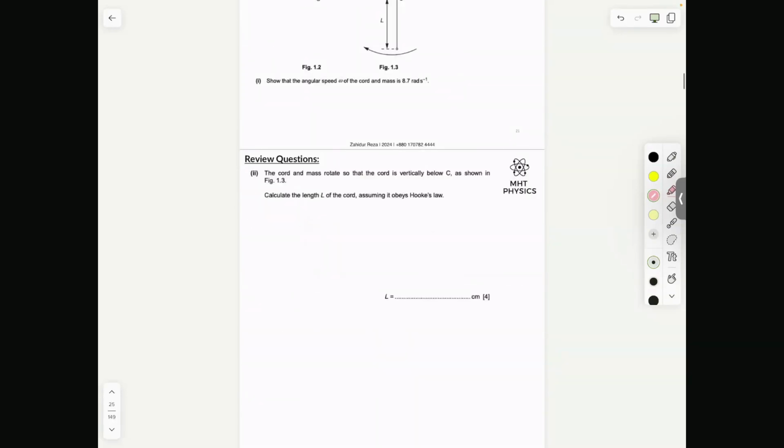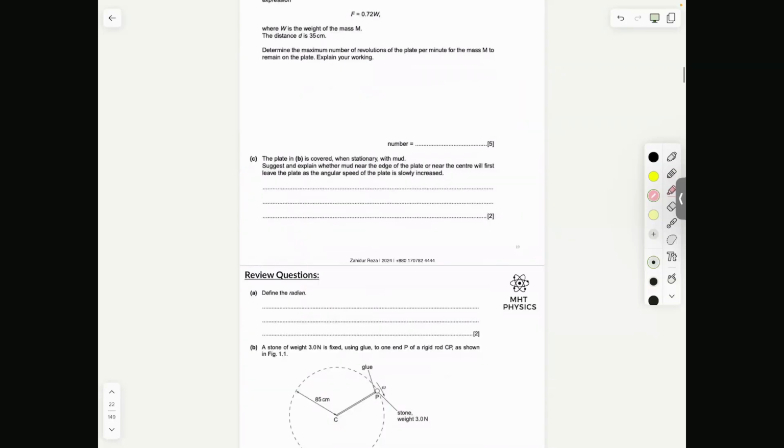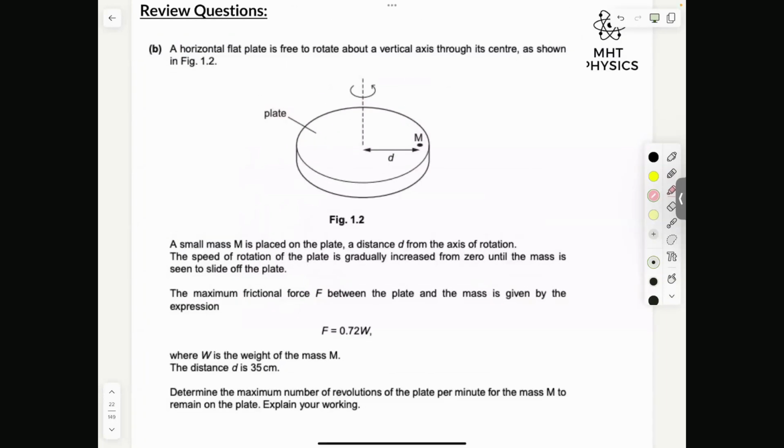Can I see the book cover? And this is the new one. Do you have this question in the review questions? Same book. Oh, okay. What's the question on page 36?